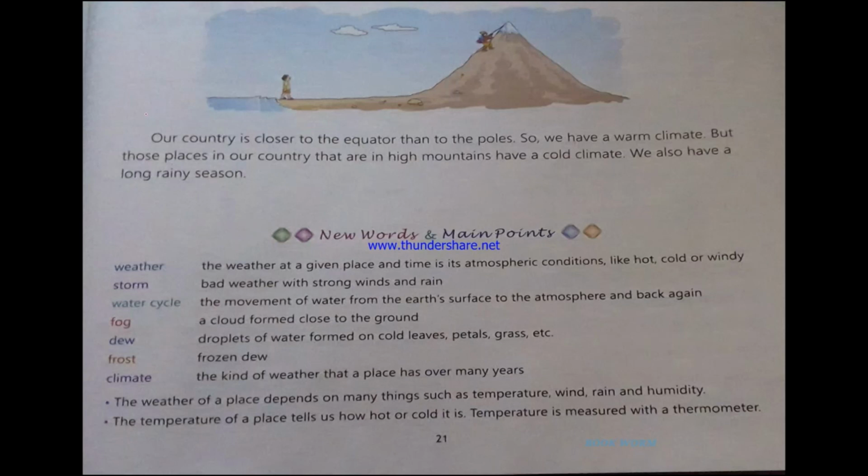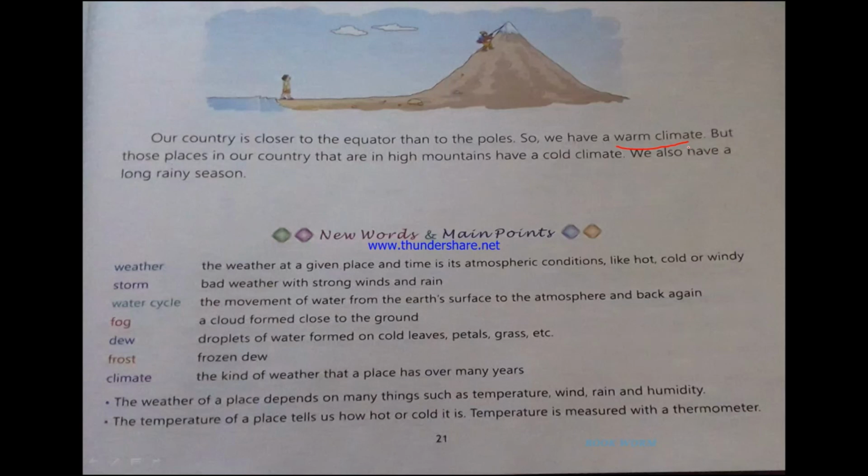As I already showed you in the picture, India is closer to the equator than to the poles. So we have a warmer climate compared to those countries near the poles.